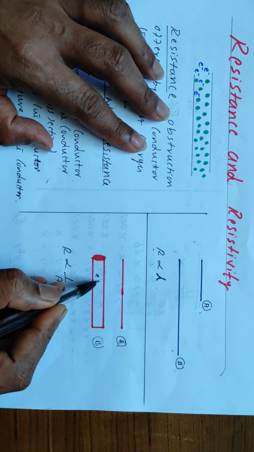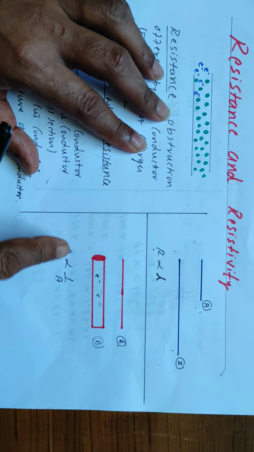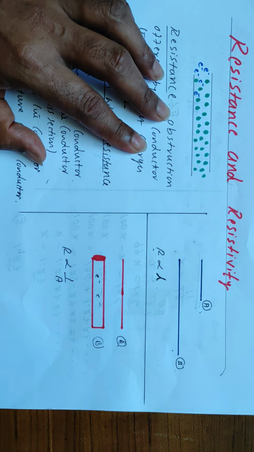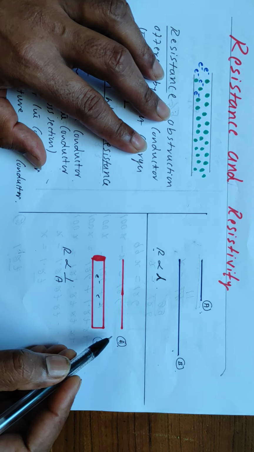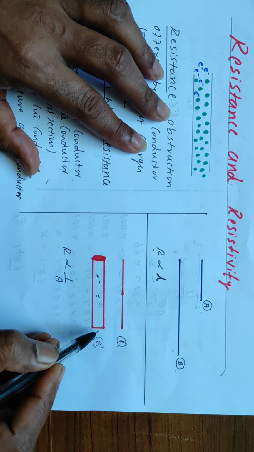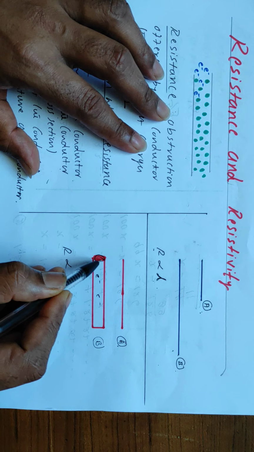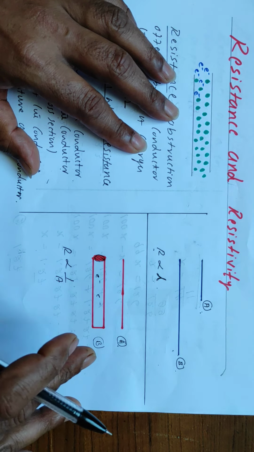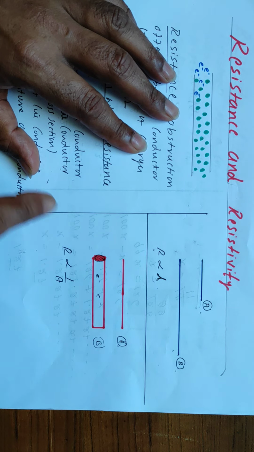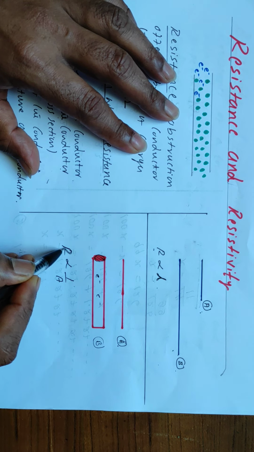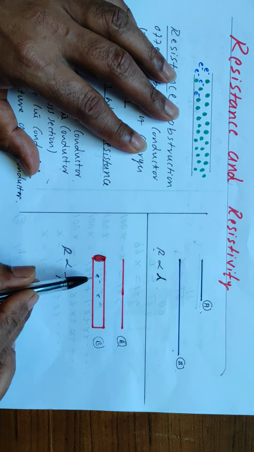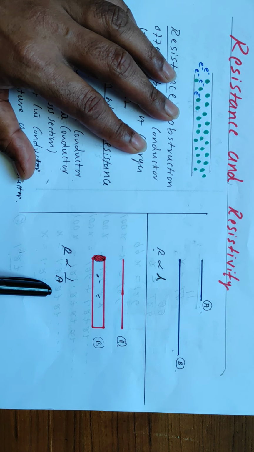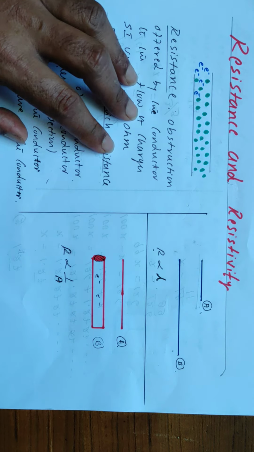Here electrons can move easily because a lot of space is available for their movement. So what we can conclude here is, as the area of cross section increases, obstructions or collisions decrease. So inversely proportional. If area of cross section is more, resistance is less. If area of cross section is less, resistance will be more.